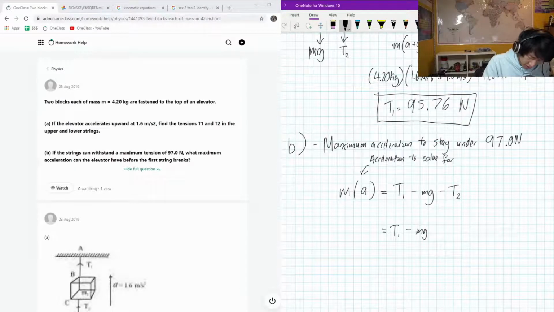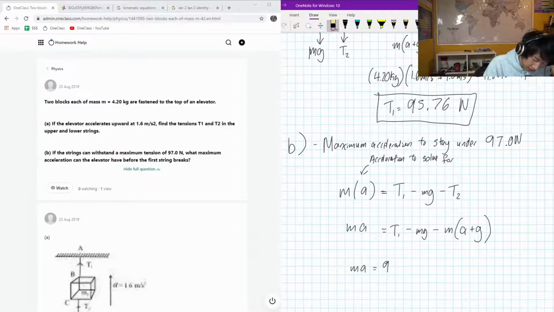Minus mg, so this is minus ma plus g, and here we're going to have ma, so we're just going to try to solve for a. Tension 1, we know that it's going to be a maximum of 97.